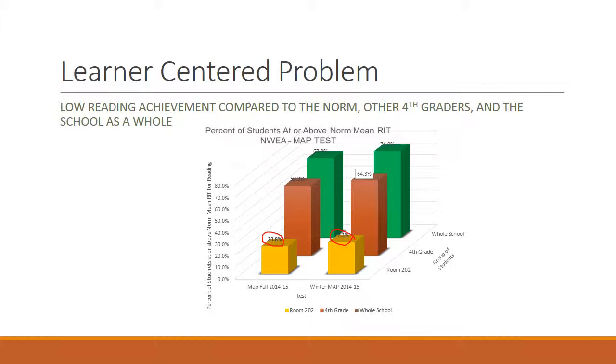These are very low figures compared with 4th grade as a whole at 59% in the fall and 64% in the winter. And compared to the whole school, it's even lower. The school has 67% in the fall and 74% in the winter of the students meeting, basically at the norm or above the norm for reading.